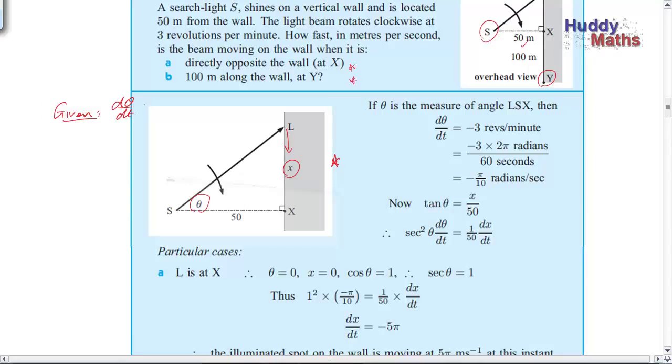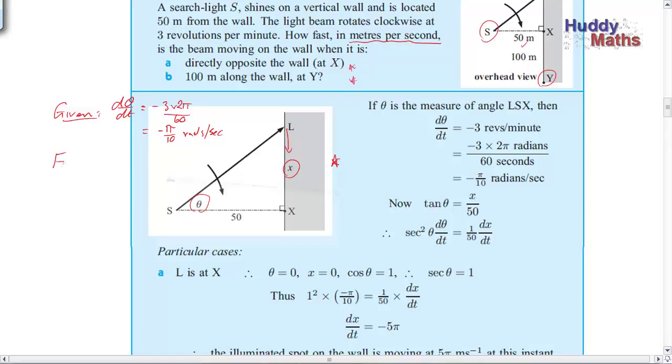Now clockwise is negative, so it's negative 3 lots of 2 pi radians in 60 seconds. So we'll use negative pi on 10 radians per second. You could leave it as minutes, but let's use seconds here because it says in metres per second. So it asks us for those units.